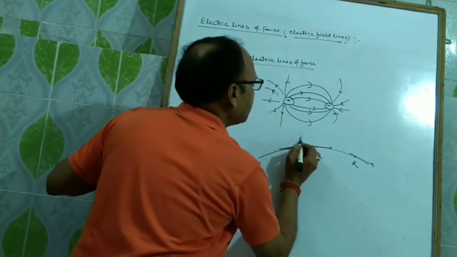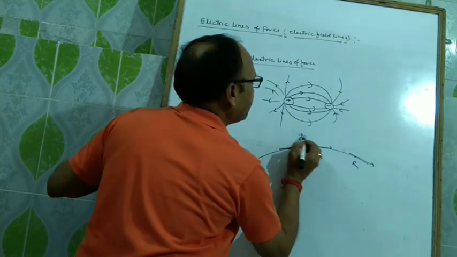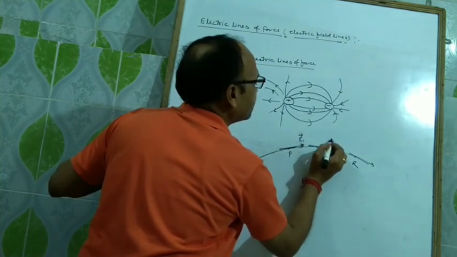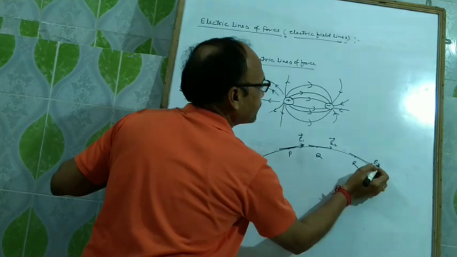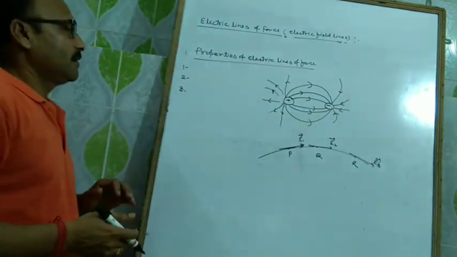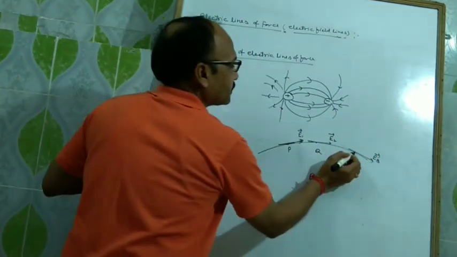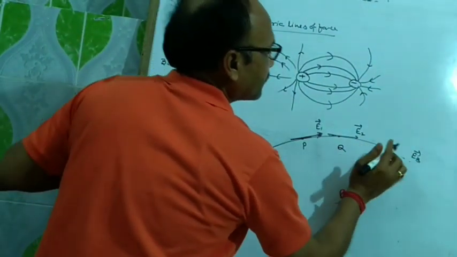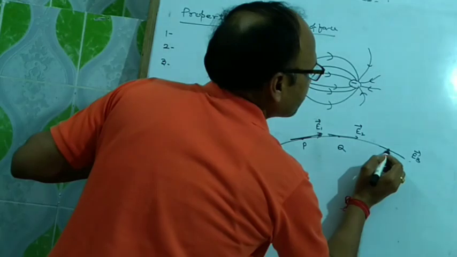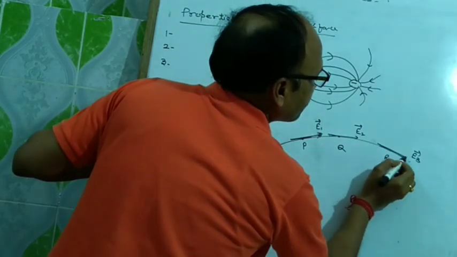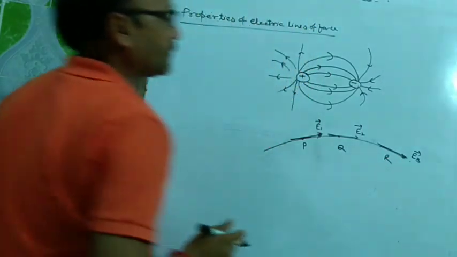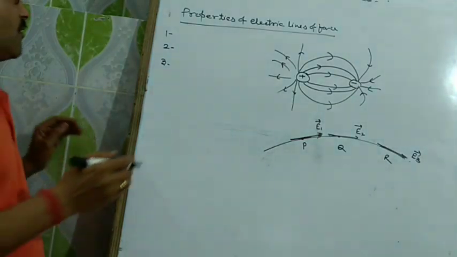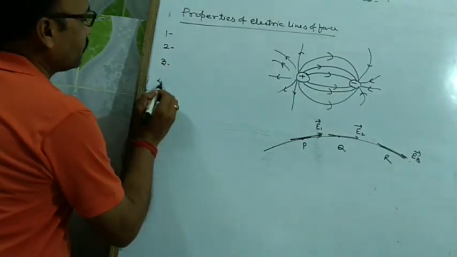So these will be the directions of electric field intensity at these 3 points, like this.